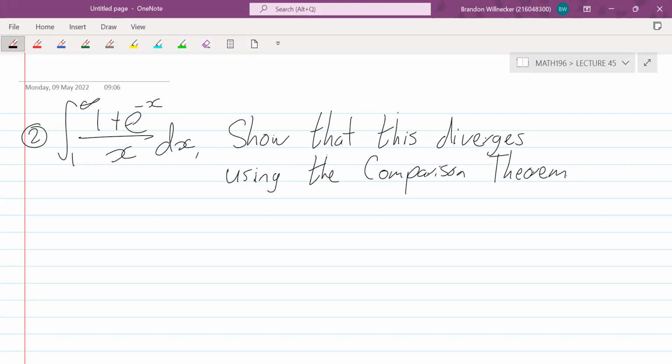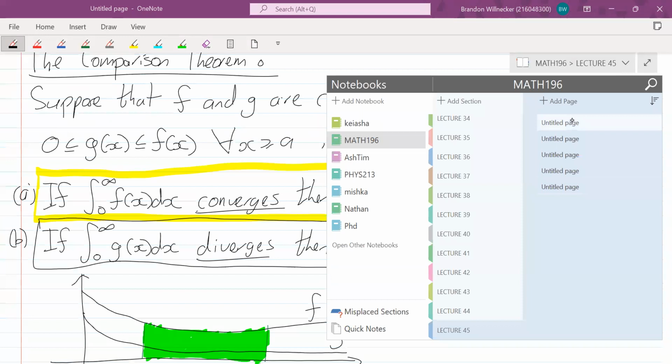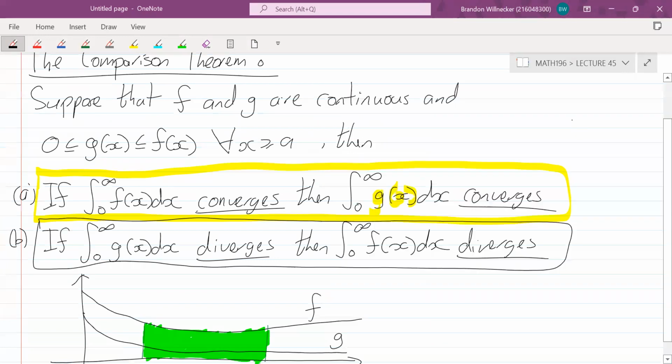Okay, so we want to show that it diverges. So this is using the second part of the comparison theorem. Okay, this part B here.